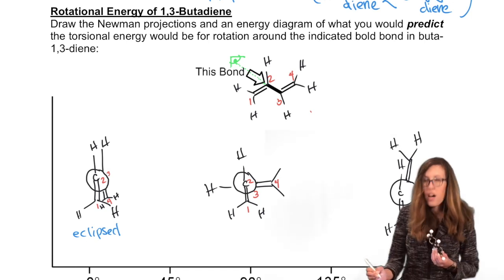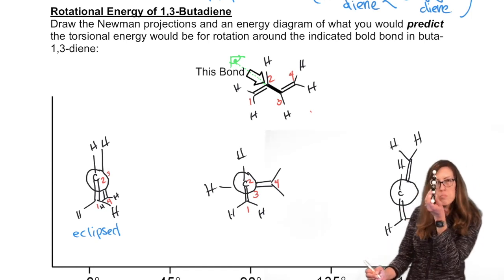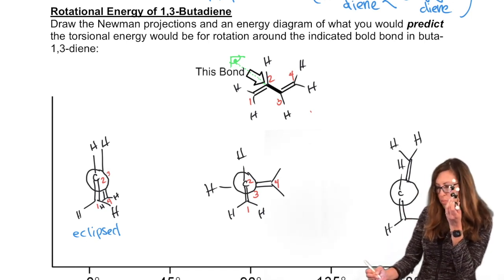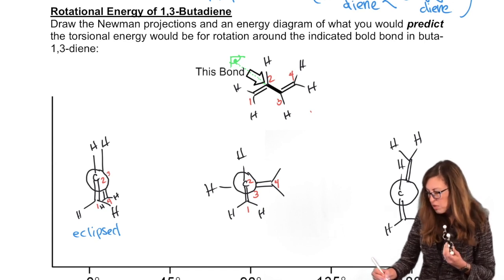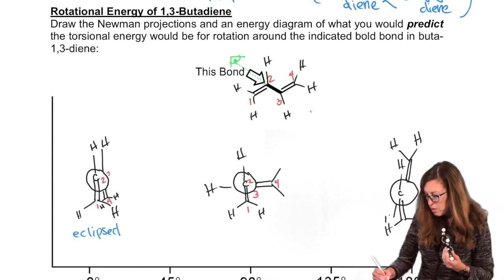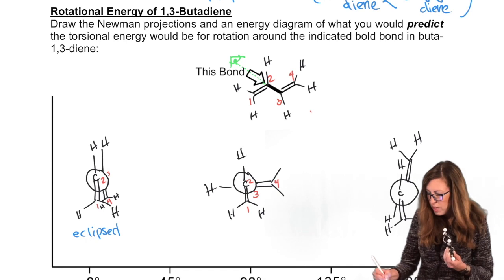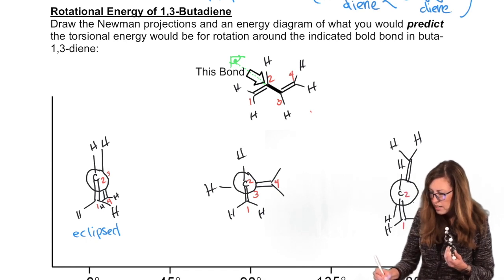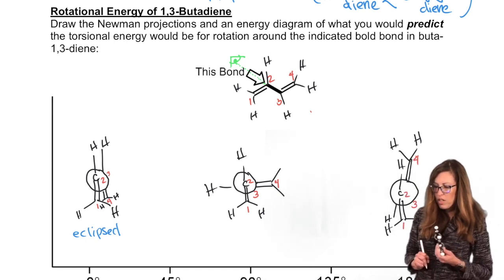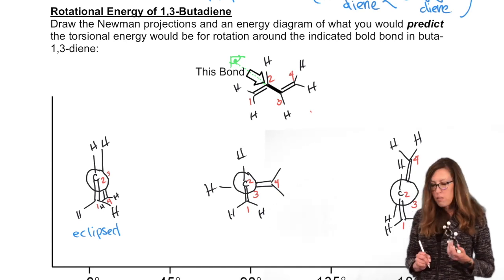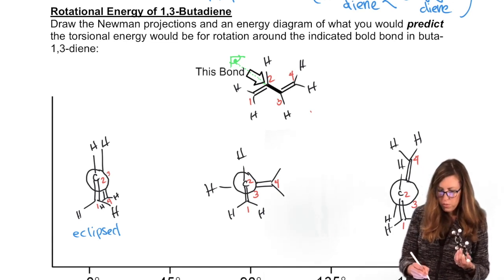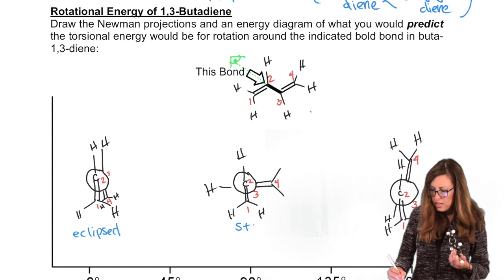And of course, it has to be offset slightly, even though in the real Newman that I'm looking at, they're perfectly superimposed. That's just almost impossible to draw. So I've got it kind of coming down like that. Keep my numbering up just so I can keep track. There's my 4 carbons. Now I'm also going to do what I did before and label it. So this is staggered, and this is eclipsed.